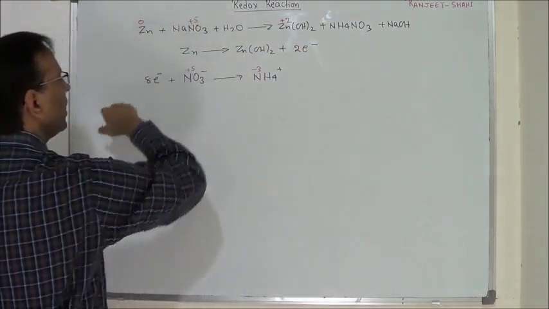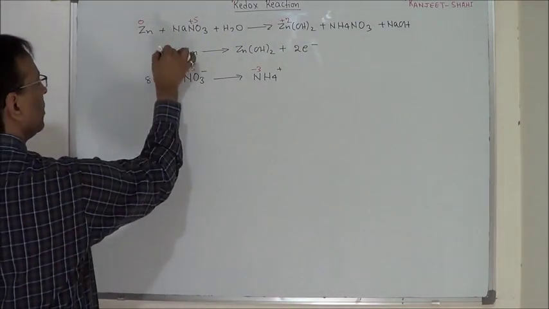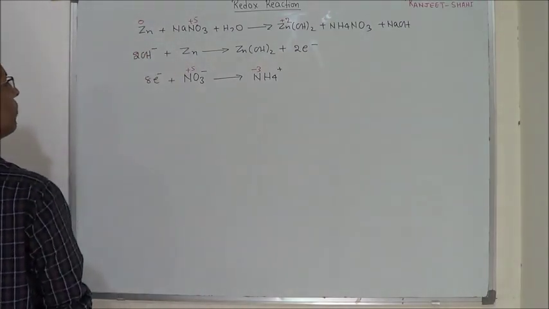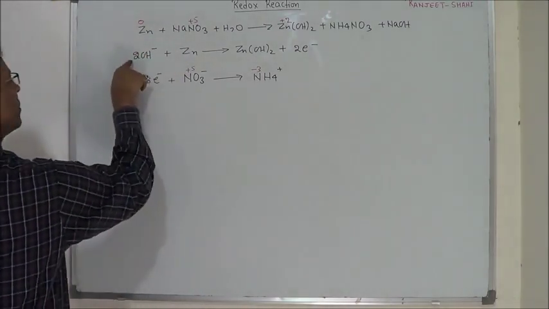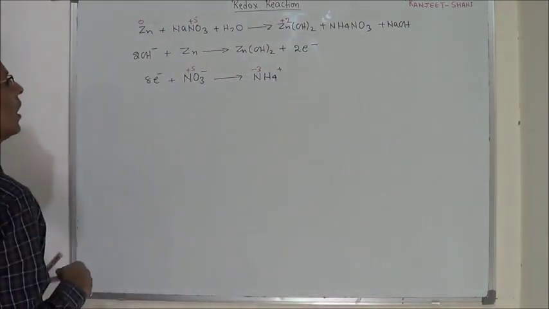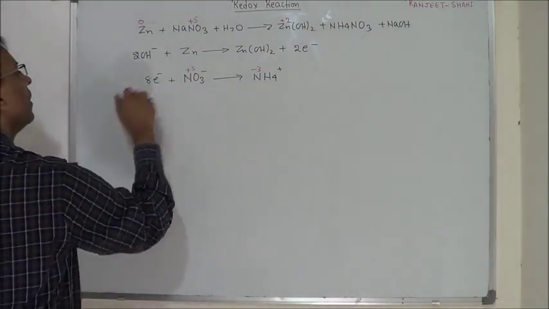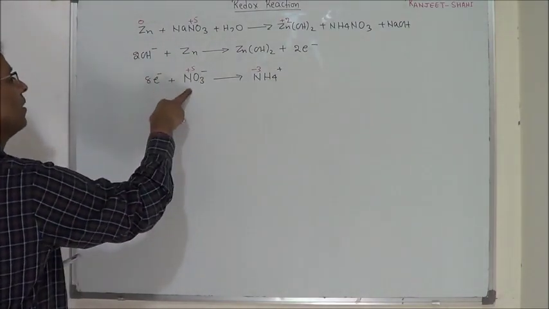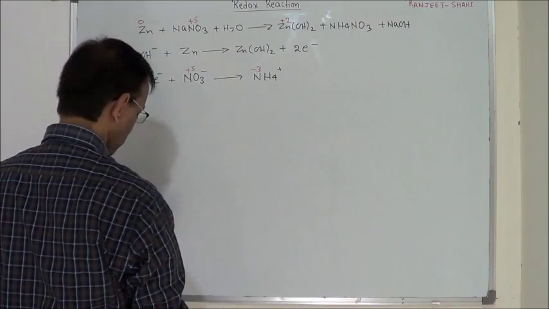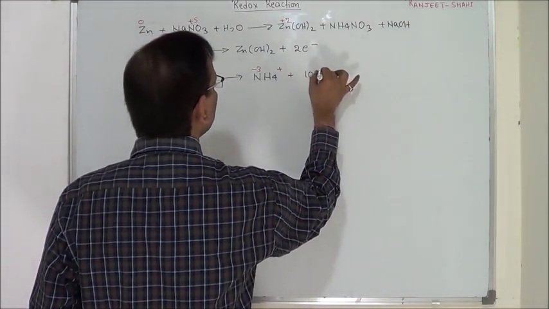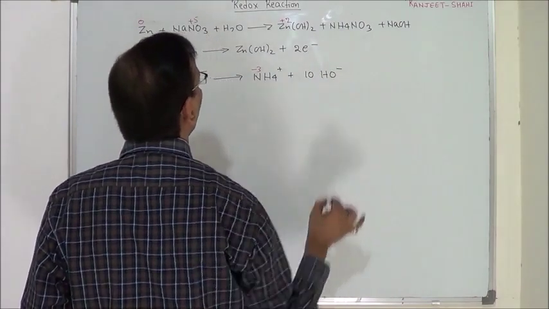So minus 2 on the left side also, and that will be through 2OH minus. Hydrogen and oxygen are already balanced: 2 oxygen, 2 hydrogen, 2 hydroxide here. Here we have minus 8 and minus 1, minus 9, and plus 1. So plus 1 can be made minus 9 by adding 10OH minus.